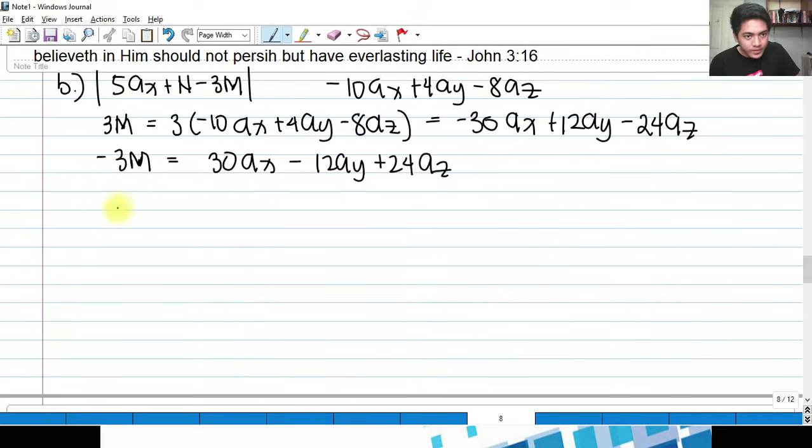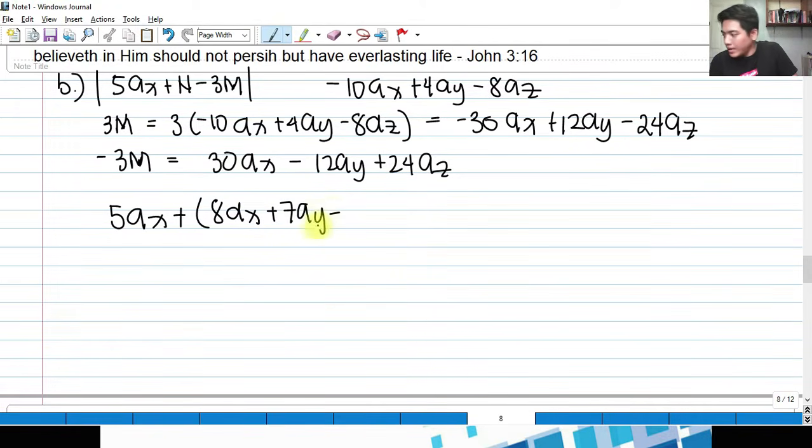So, we have 5ax plus, what is our n? Our n is actually 8ax plus 7ay minus 2az.